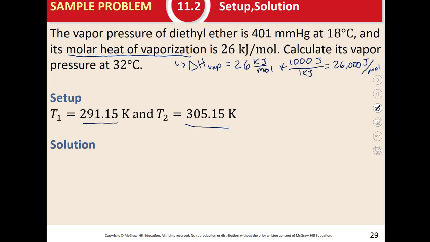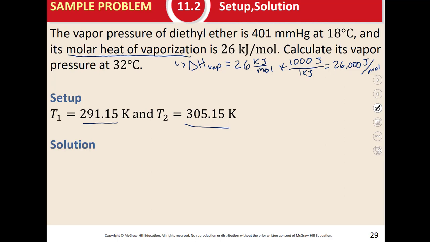Now comes the two schools of thought. You can either go ahead and plug in everything into your equation and solve for the unknown variable, or you can take the Clausius-Clapeyron equation and solve for the unknown variable first before you plug in the numbers. I usually fall into the second category. I like to solve for the variable before I plug in all the numbers and units. It just is easier for me when you're dealing with a larger equation like this.